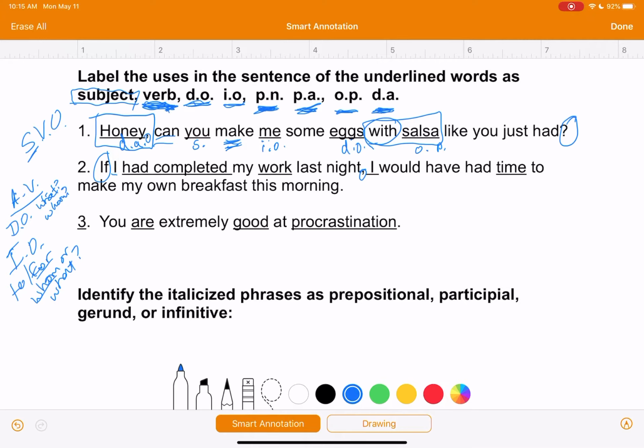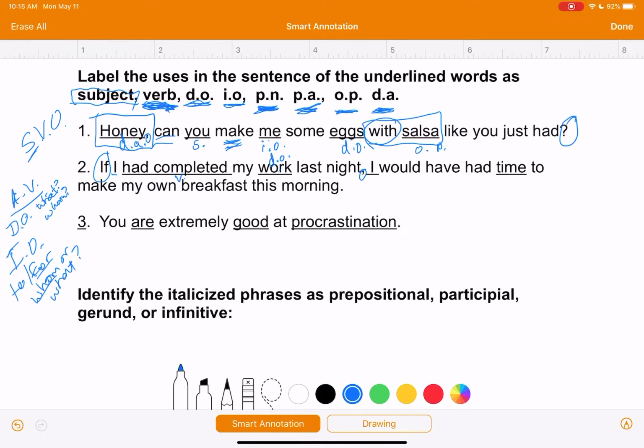You see the action here, completion, completing something, there's action. So that's an action verb. Now I ask myself, completed what? Had completed what? That's the DO question. What got completed? Work. So that's, oops, it's really hard to write on the iPad tilted like this, so excuse my poor penmanship. Work is your DO. Okay?